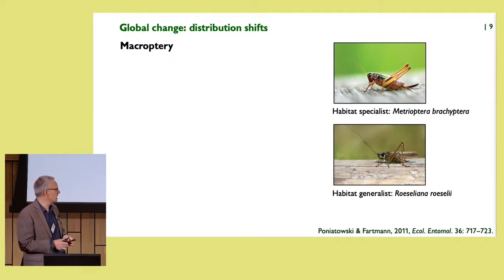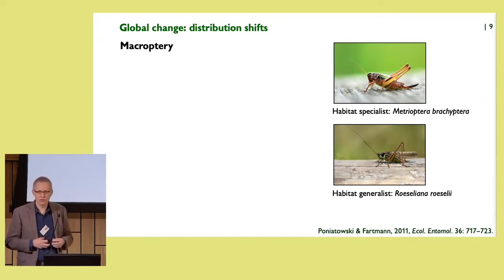In recent times we often observed long-winged individuals of both species, and we conducted studies in the lab and in the field. We wanted to know what the drivers of long-winged individuals are, and we observed that density stress in the first and second nymphal instar was responsible for the induction of macroptery.